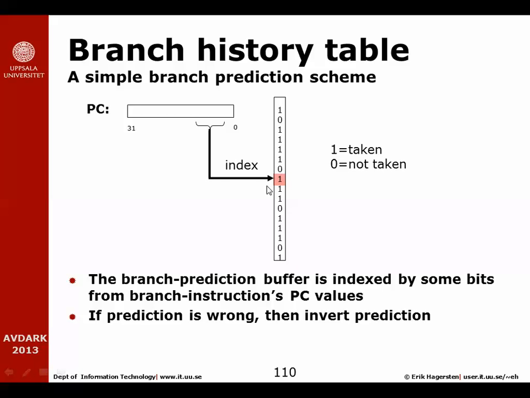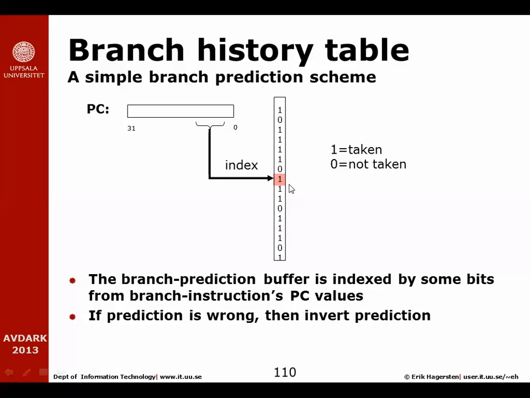So what this implies is that we think that this method is good enough for a guess. We guess that this very bit here is associated with exactly this program counter. It may be associated with other program counters whose address bits that we use for indexing are identical to this one, but that's not super likely. If this is a popular PC, it's more likely that this bit is associated with it. So it's a good enough guess.